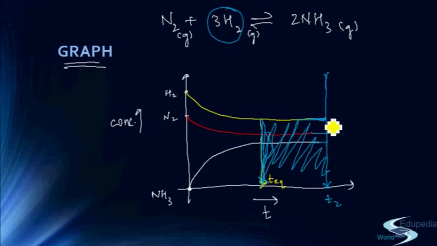What happens then? The graph of hydrogen will suddenly jump. It was moving like this, but now it will suddenly increase and reach this value, whereas the graphs of nitrogen and ammonia will remain at the same position. Since I have increased the concentration on the reactant side, the reaction will counteract this change and try to decrease the amount of reactants.